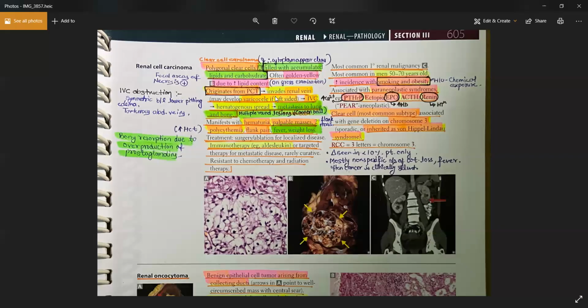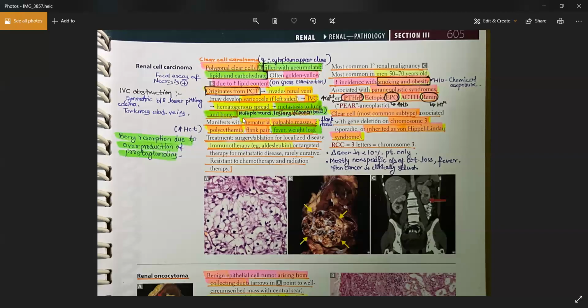Then you take further history and you find the patient has systemic signs and symptoms of inflammation or disease, like fever, fatigue, and weight loss. Other than that, the patient can also have flank pain. And when you see flank pain along with lung and bone symptoms, you will immediately know that the patient has a renal cell carcinoma.